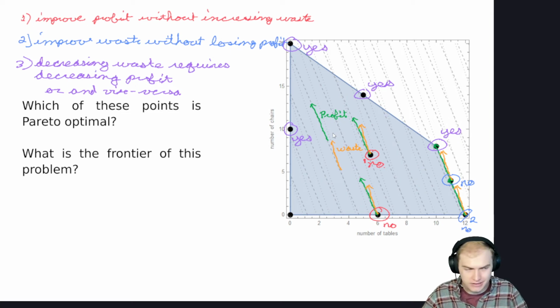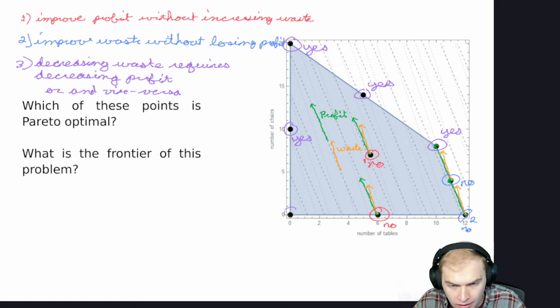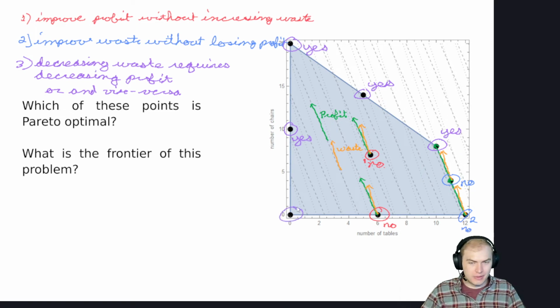Again, going down decreases waste, but we're not producing as many things, so we're decreasing profit. What about the origin? Well, the origin has minimal waste. Its waste is 0. So if we move off of it to increase profit, we're increasing waste, no matter what direction we move.